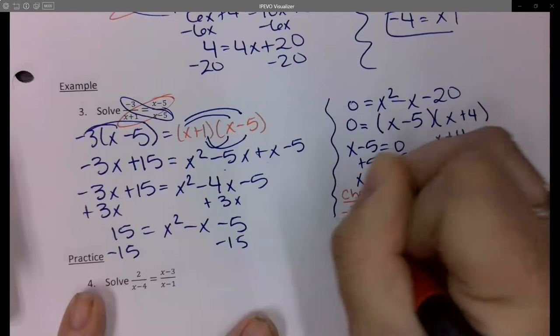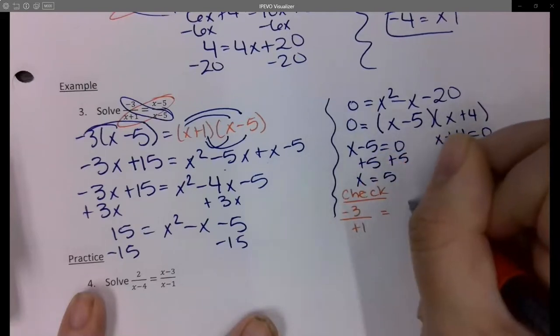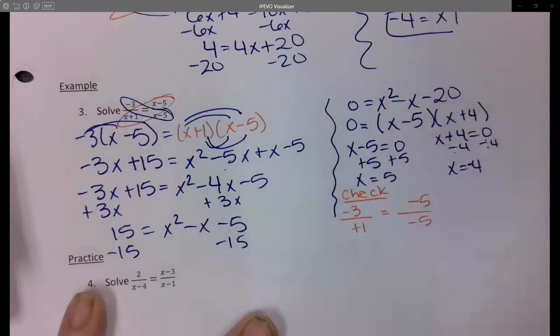So I'm going to have negative 3 over 5 plus 1 equals 5 minus 5 over 5 minus 5.